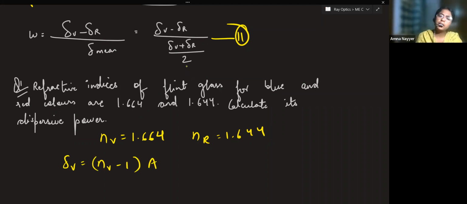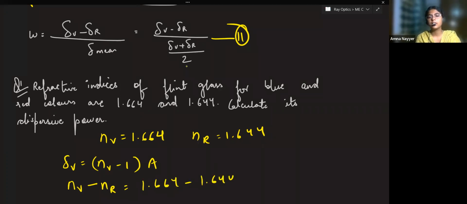But for dispersive power, you can directly use the refractive index also. So first calculate the difference between them. The difference becomes NV minus NR, so that is 1.664 minus 1.644.